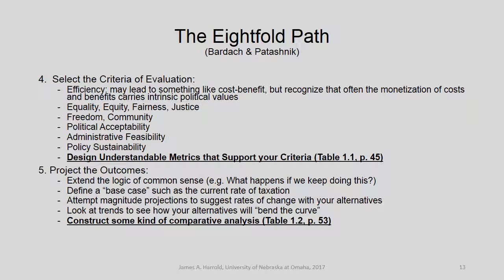And the argument was that administratively, the police department was not equipped for this. So administrative feasibility may be a factor in how you actually evaluate policy. The bottom line of this is that you design understandable metrics that support your criteria. So take a minute to look at table 1.1 on page 45.